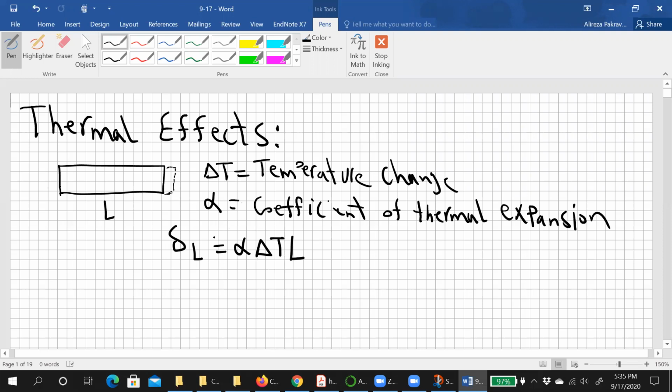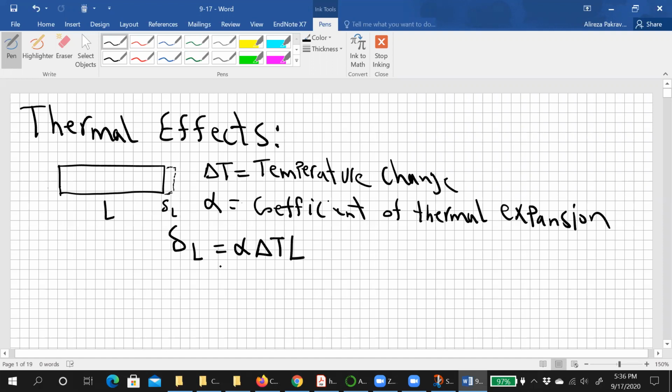We are not going to prove this one, but in physics we know that if you have a temperature change, and L is the length of the bar, and delta T and alpha is the coefficient, then we can find delta L.